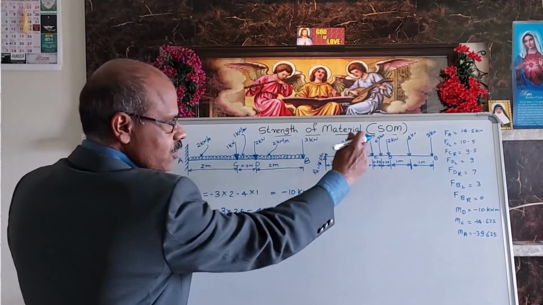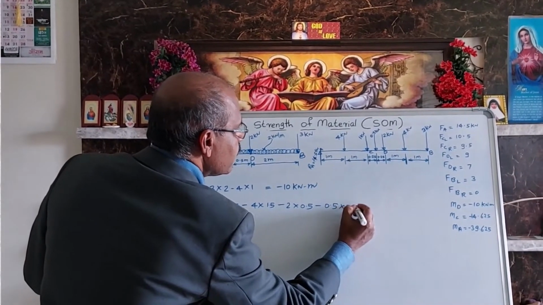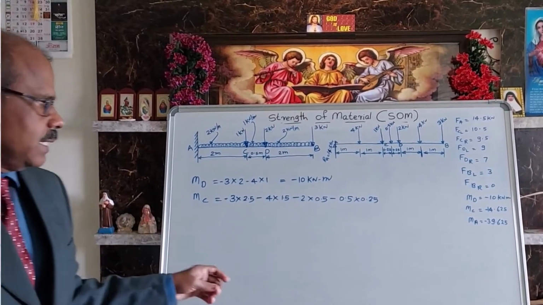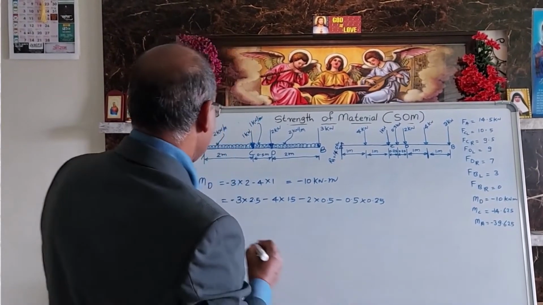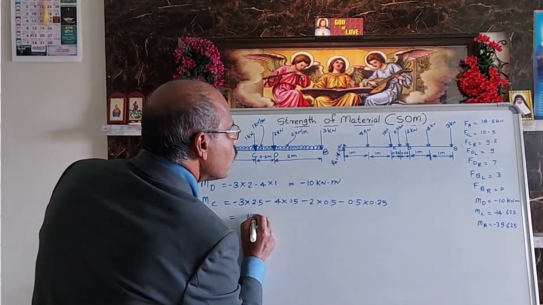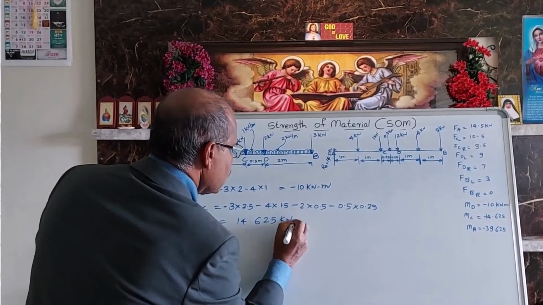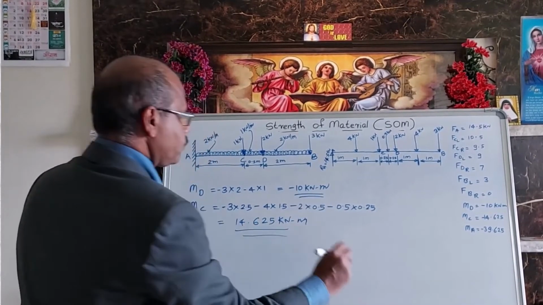Minus 0.5 is here, 0.5 multiplied by 0.25. The answer we are getting here is 14.625 kilonewton meter.